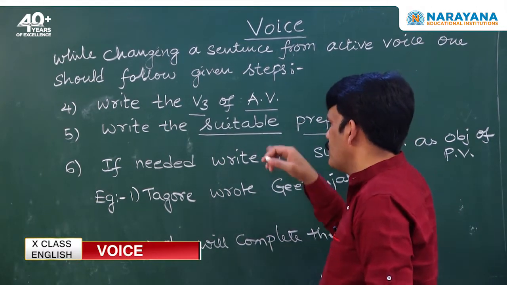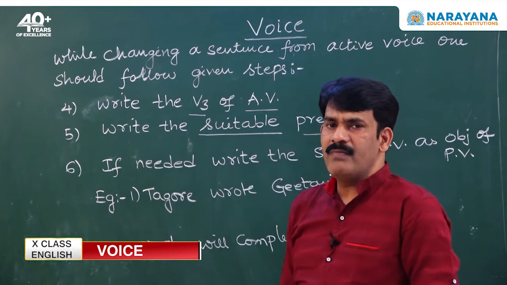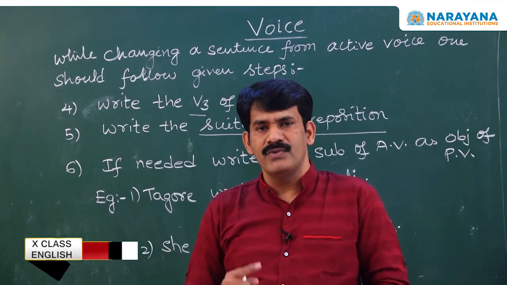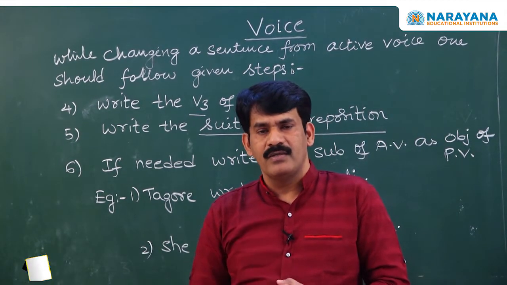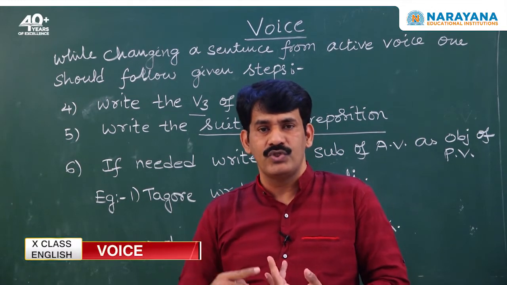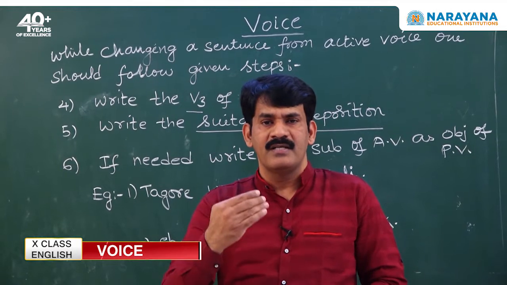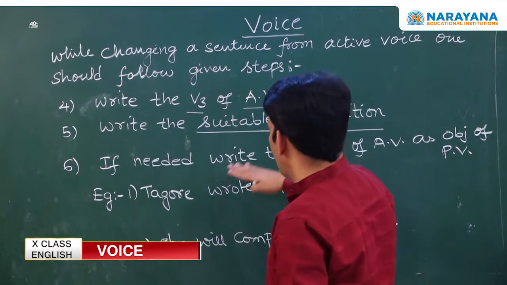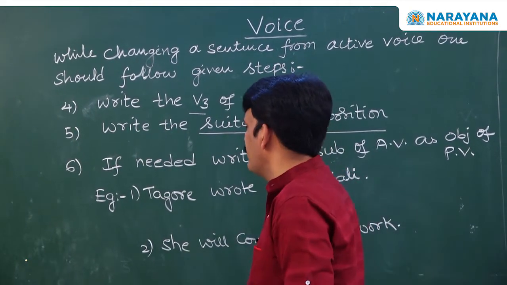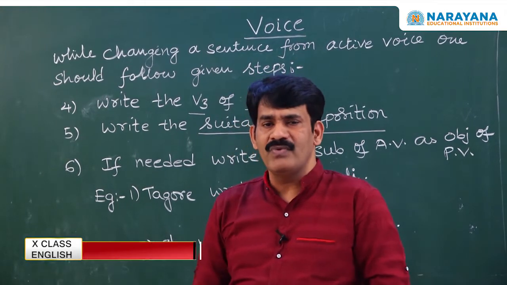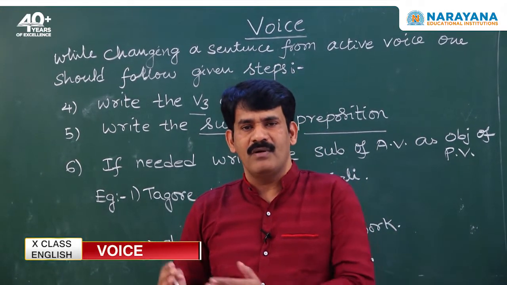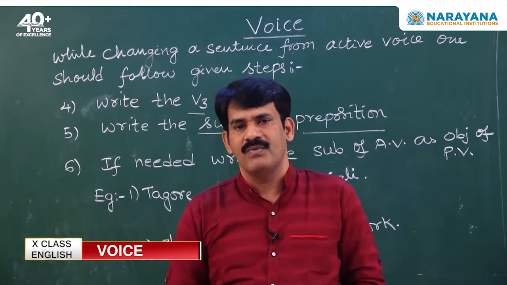When we use a suitable preposition, it may not always be 'by'. You can use by, with, at, or to. It depends upon the object and mood of the sentence. Once you write the suitable preposition, if needed, at times we can even omit the subject of the active voice as an object of the passive voice.